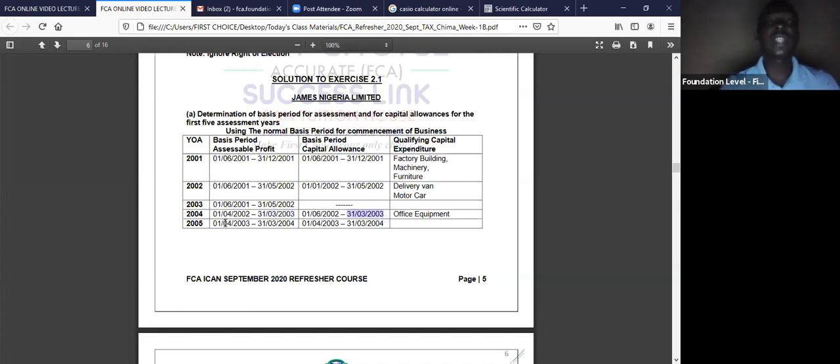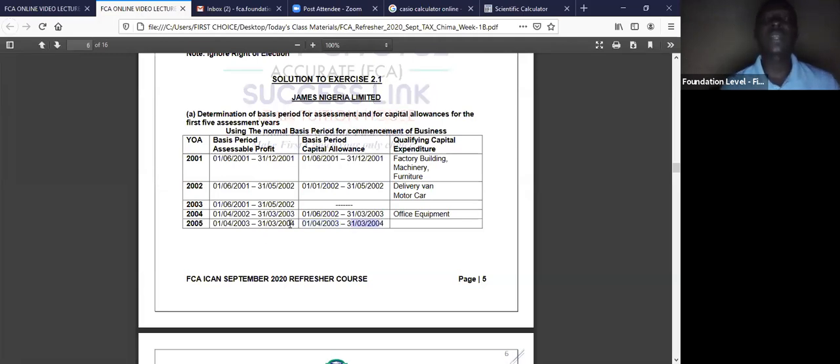Now, if you go to the next one here, which is April 2003, April 2003 has not been treated anywhere before. Moreover, it is the next day after this one ends. So that's fine. This will start just like this, and it will end just like this.